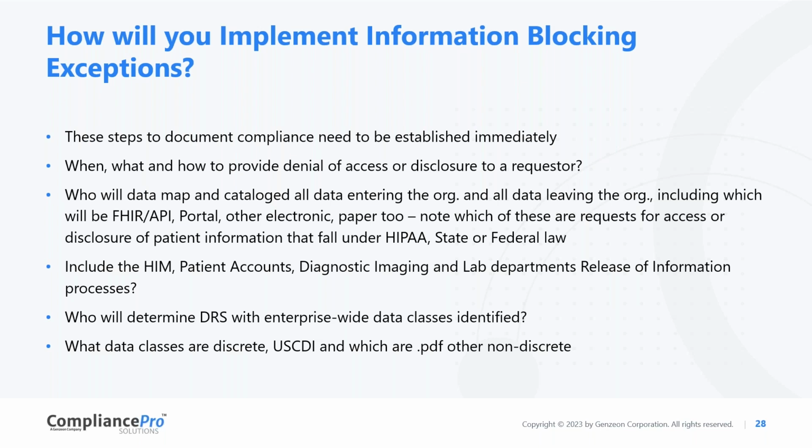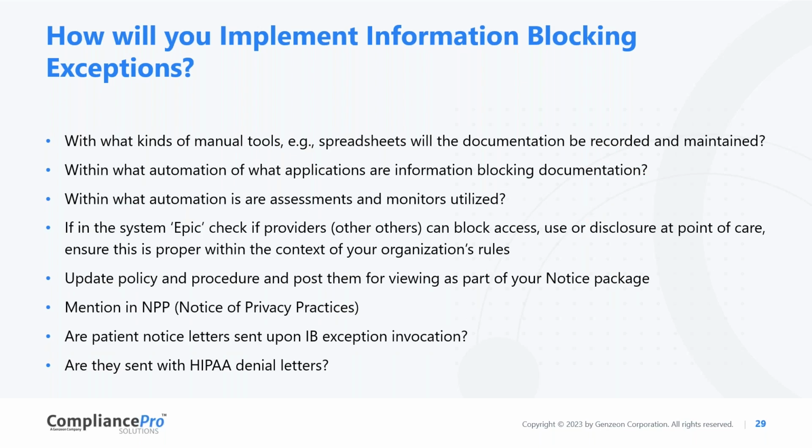So are they in a PDF? Do you even have to? The Cures Act doesn't ever mandate paper, but still, depending on how the request is made and the way that you operate, you may have to give them some parts of the record in paper. So there is a lot to understand in what you need to do for the Cures Act.